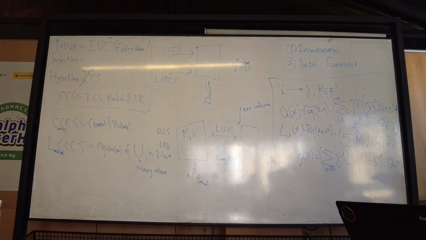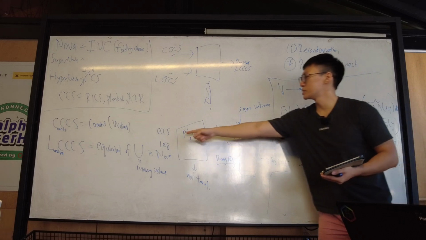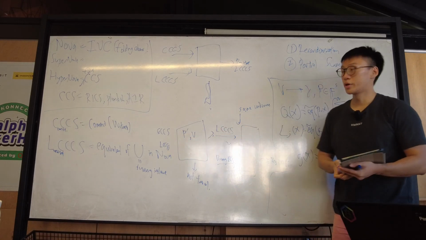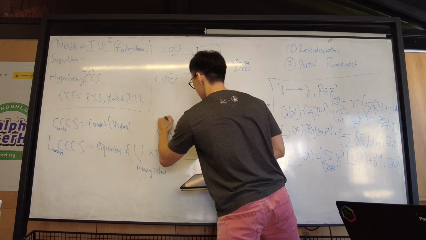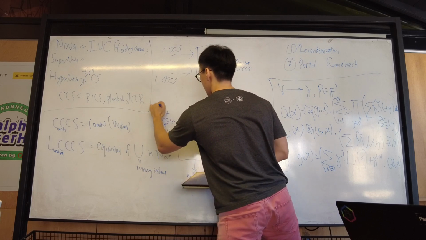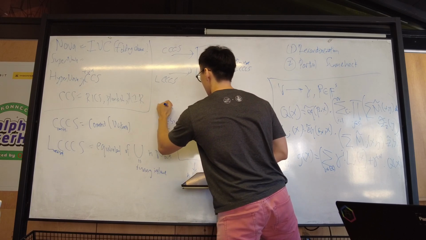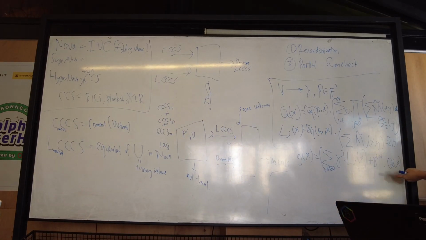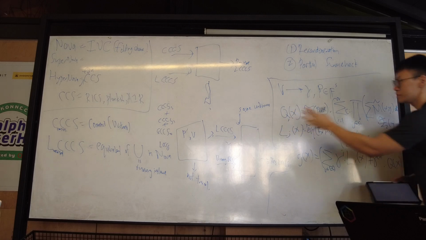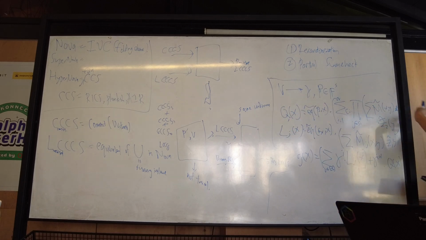One thing that was asked in the video, which is worth highlighting: in this case we are only folding one CCCS into one LCCS. You can also fold multiple CCCS. How this changes is that Q will then have indexes i, and over here you fold them and they are combined into one LCCS.